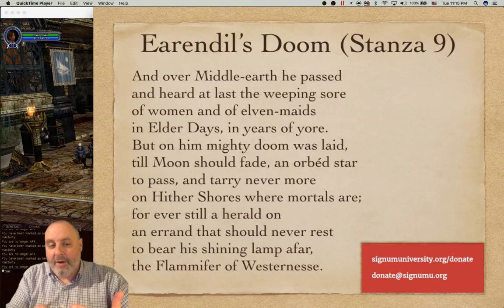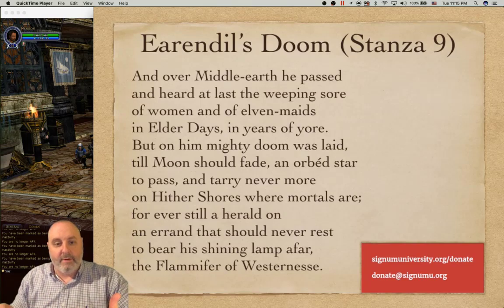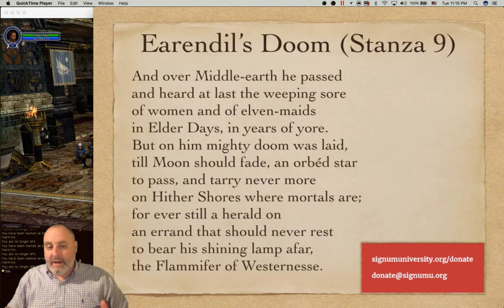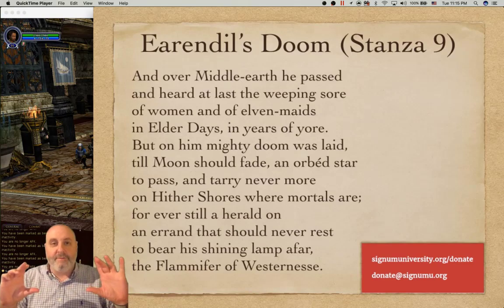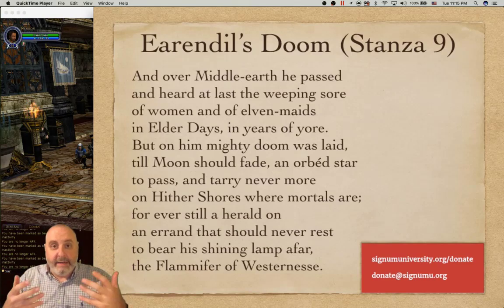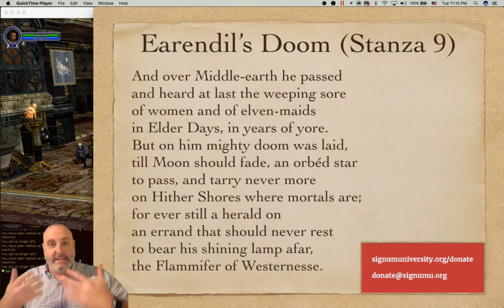Forever still a herald on, an errand that should never rest, to bear his shining lamp afar, the flammifer of Westerness. So, forever still a herald. So this last bit, in the first half of the sentence there, it really is like stating the doom and then telling us about the doom.